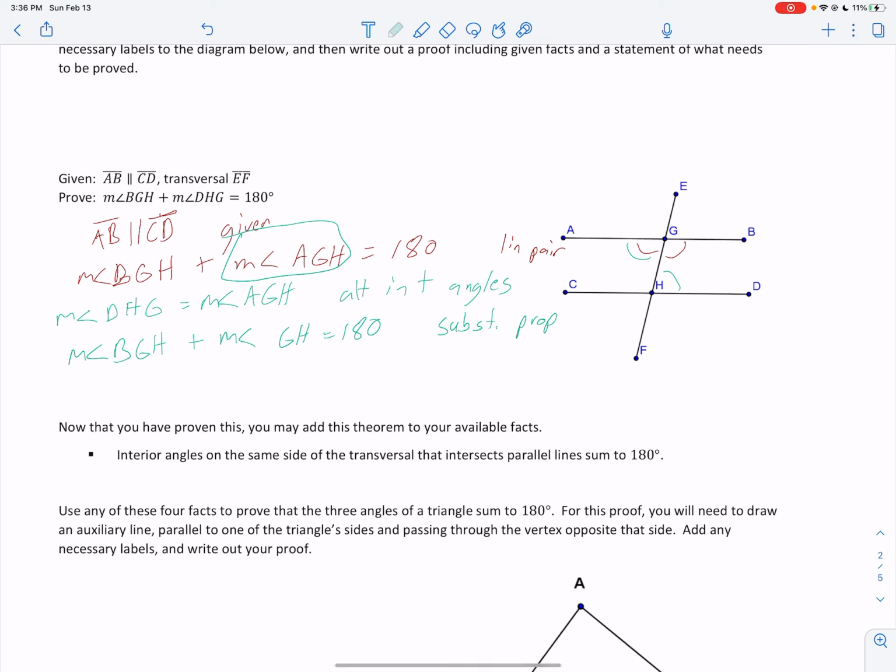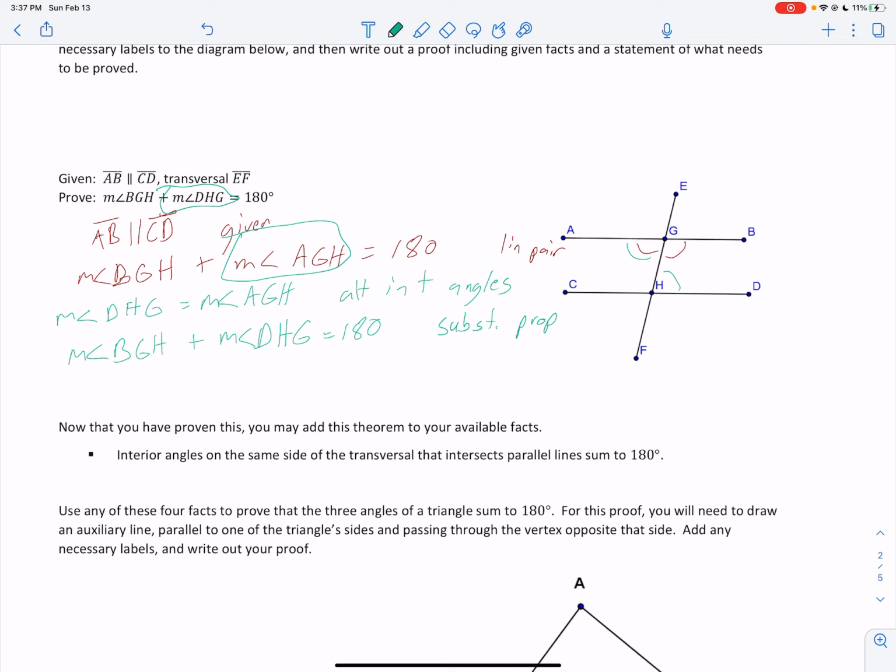I wrote it wrong. I keep saying it wrong. Whatever I've shown that was equal to it, that's what I wanted in there. This allowed me to replace the measure of angle AGH with the measure of angle DHG. And then once I replaced it in that equation, I had the exact equation that I was trying to prove.